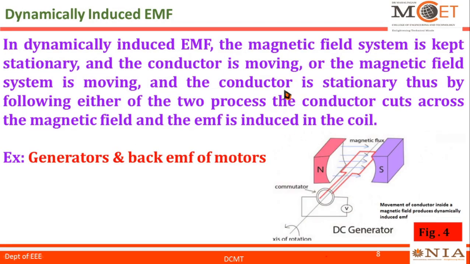In dynamically induced EMF, the magnetic field system is kept stationary and the conductor is moving, or the field system is moving and the conductor is stationary. Thus, by following either of the two processes, the conductor cuts across the magnetic field and the EMF is induced in the coil.